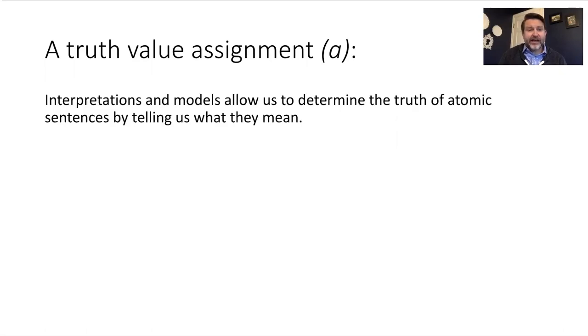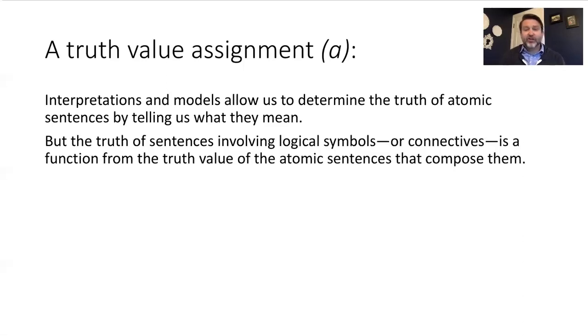Okay, notice that interpretations and models allow us to determine the truth value of atomic sentences by telling us what they mean. We can use this then to determine if they're true or not by looking at the way the world is. But the truth of sentences involving logical symbols or connectives is a function from the truth value of the atomic sentences that compose them.